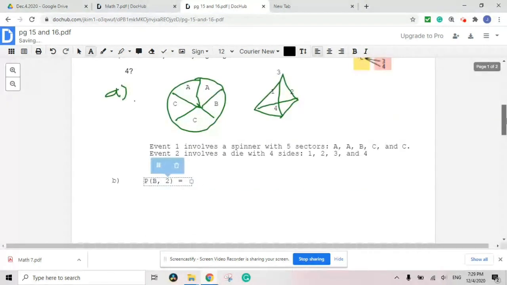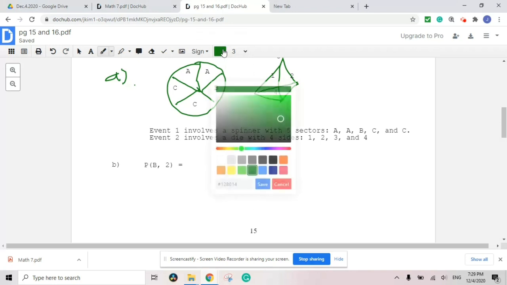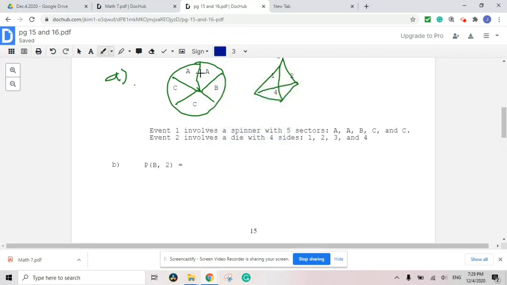Here's what you do. We just figure out our spinner over here. We have 1, 2, 3, 4, 5 different sectors, so that means I have 5 different possibilities.